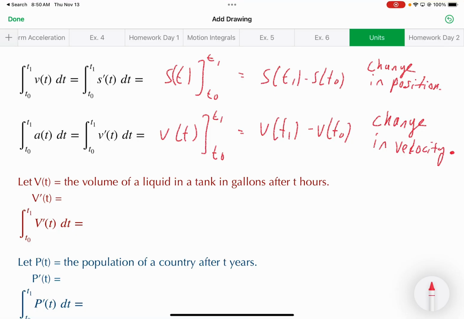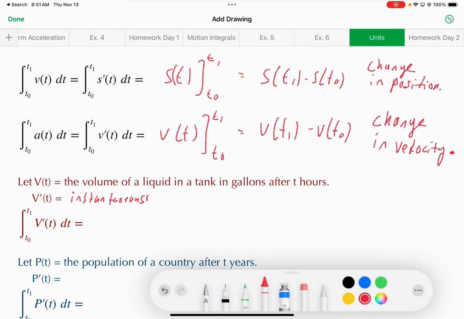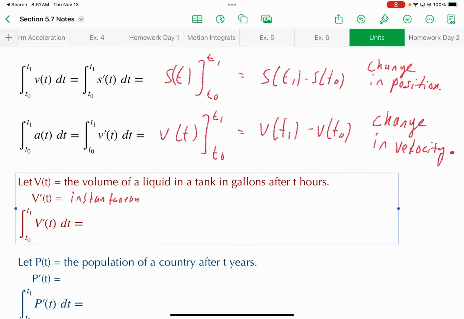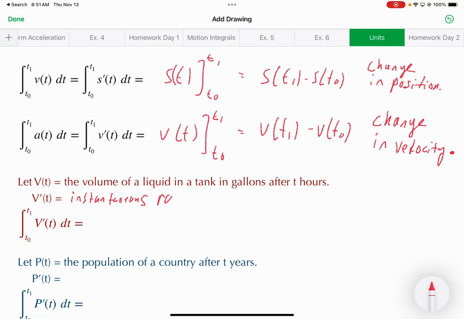Instantaneous. So my derivative tells me my instantaneous rate of change. So this would be my instantaneous rate of change of the volume at time t.